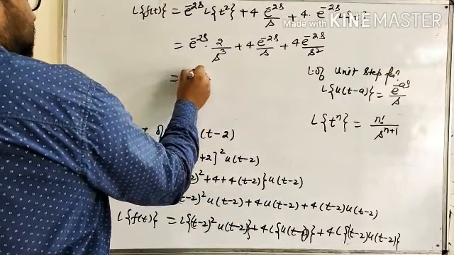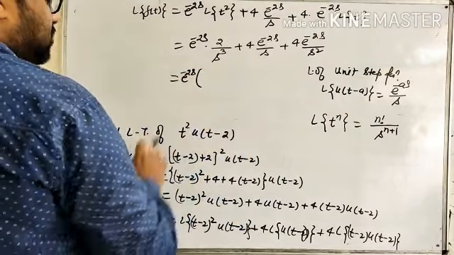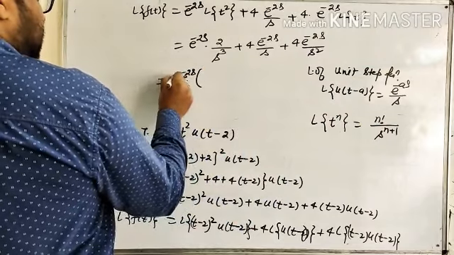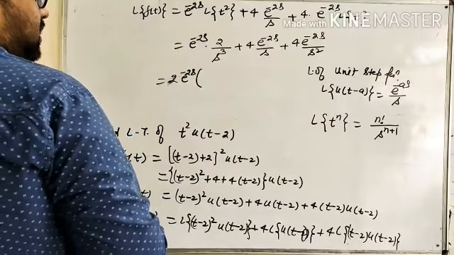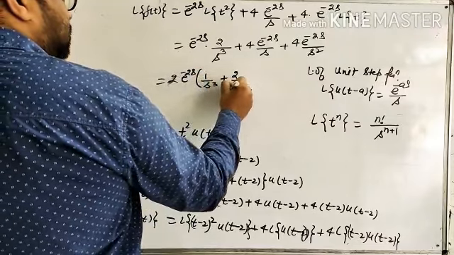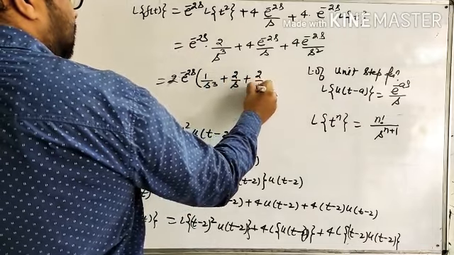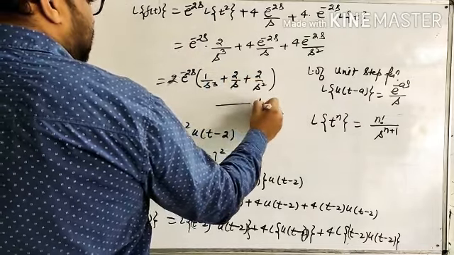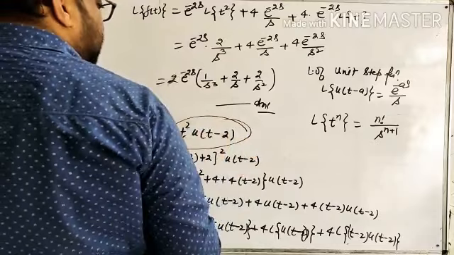Or we can write it as e raised to power minus 2s taken common. Also 2 can be taken outside the bracket, so this will be 1 upon s cube plus 2 upon s plus 2 upon s square. So this is the required solution for this particular problem.